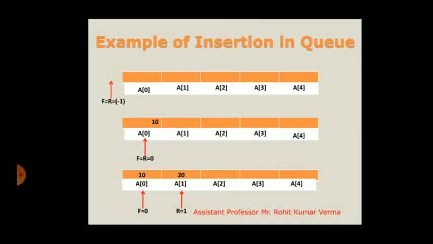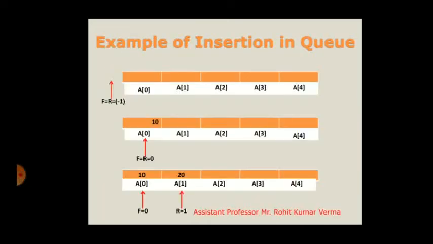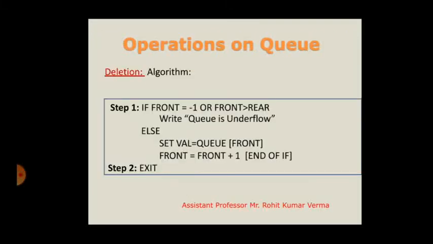If we have to add 30, then our rear pointer moves to A2 and our front pointer remains at the previous location. So this is the description of our insertion operation in a queue.